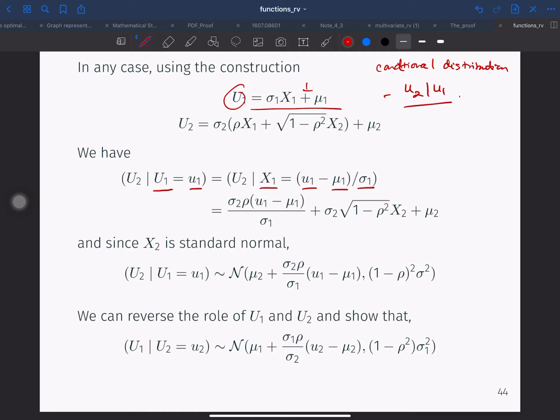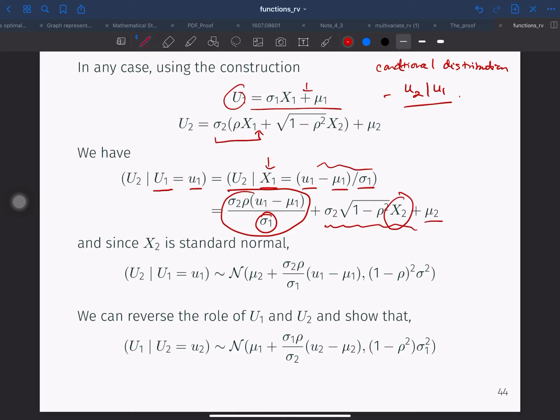So then I can just say that rho of x1 just becomes rho of u1 minus mu1 divided by sigma 1. If I multiply by sigma 2, that's just this part, once I told you that x1 is equal to this term. The remaining is just this sigma 2 dependency on x2 plus mu2.